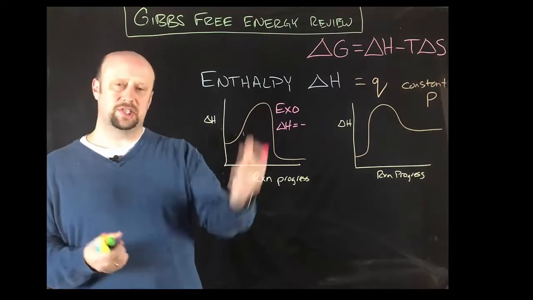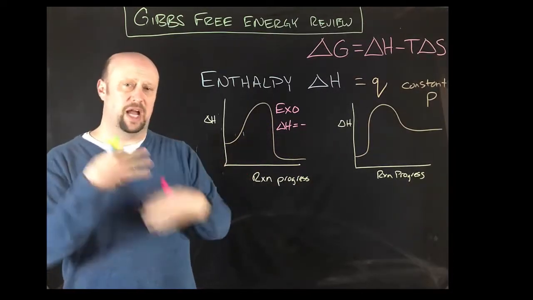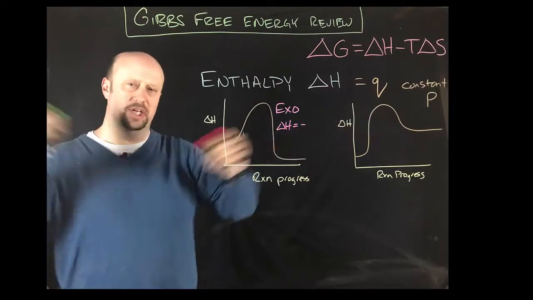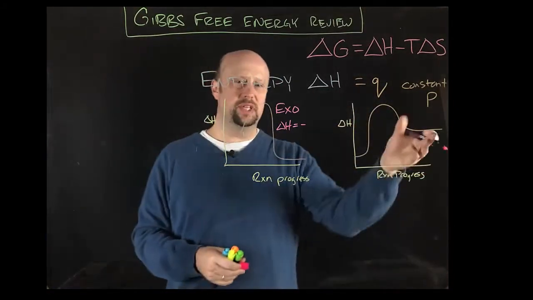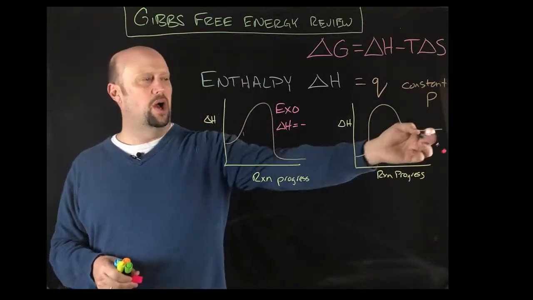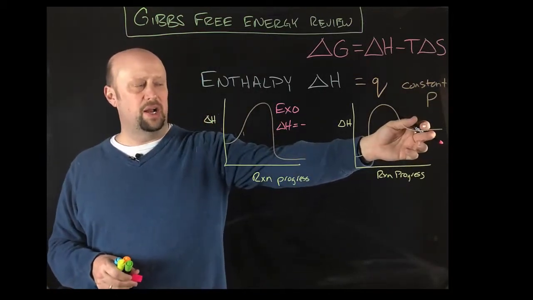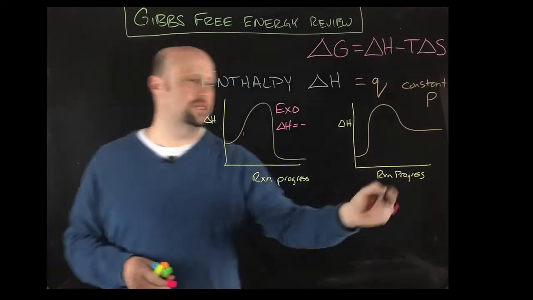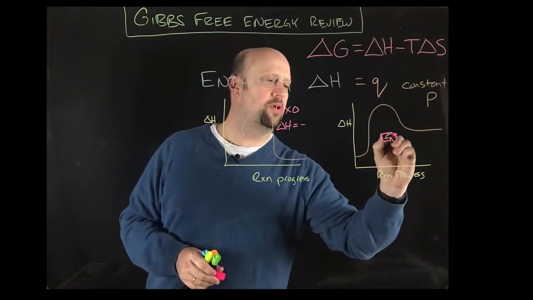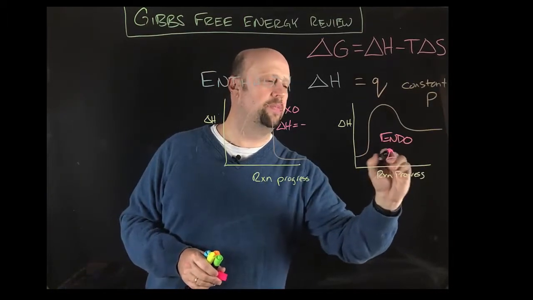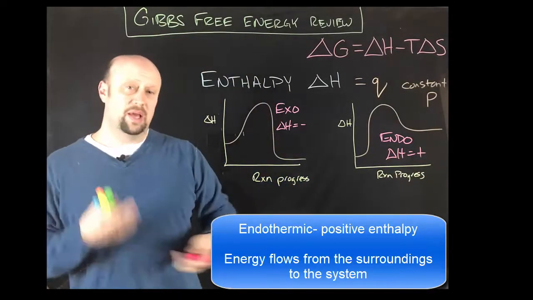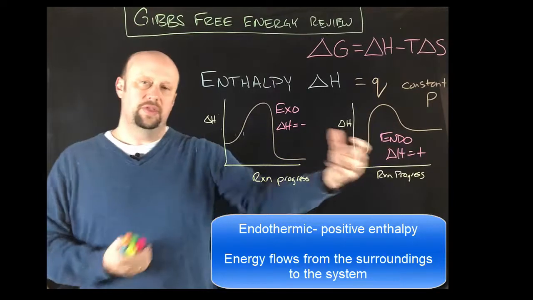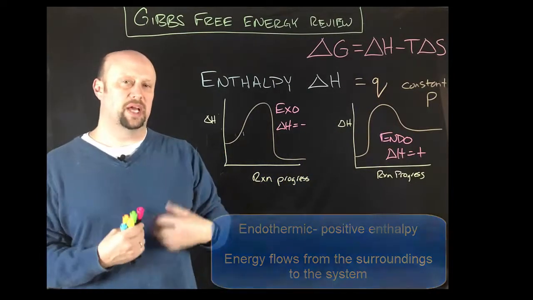In other words, the system, the stuff that is actually reacting, is giving off its energy to the molecules around it. Over here, it's the opposite case. Our final energy is much higher in the products than it was in the reactants. So this is what we would call an endothermic reaction, and our delta H is positive. That means the system is absorbing energy, it's gaining energy.